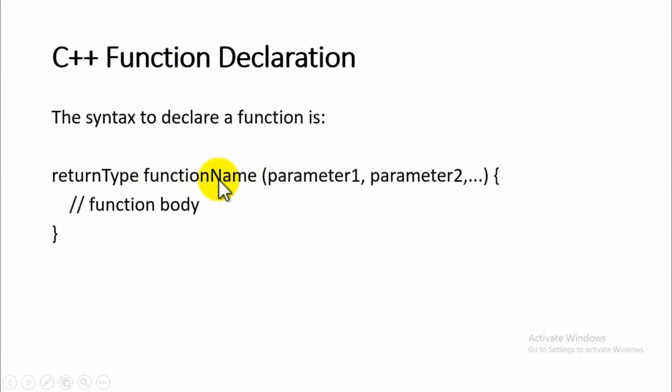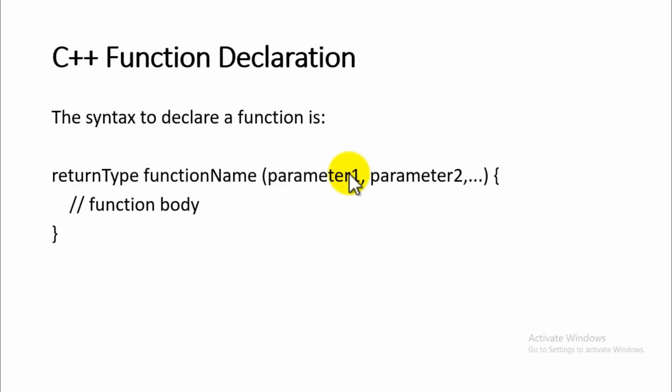Then the function name, so any name you want, so you can create that function, you can name that function. Then you have a parameter. So parameter, you have parameter 1 and parameter 2. So if you have to expect 2 values, you have to declare 2 parameters.